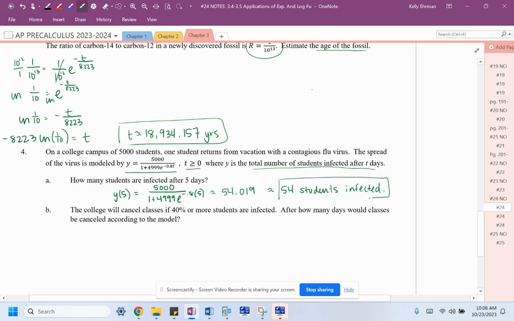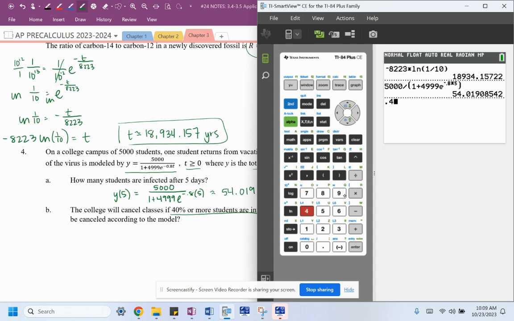All right. The college will cancel classes if 40% or more of the students are infected. After how many days would classes be canceled according to the model? So remember, y is the number of students infected. We could find 40% of 5,000 to see what to set our equation equal to. 2,000.